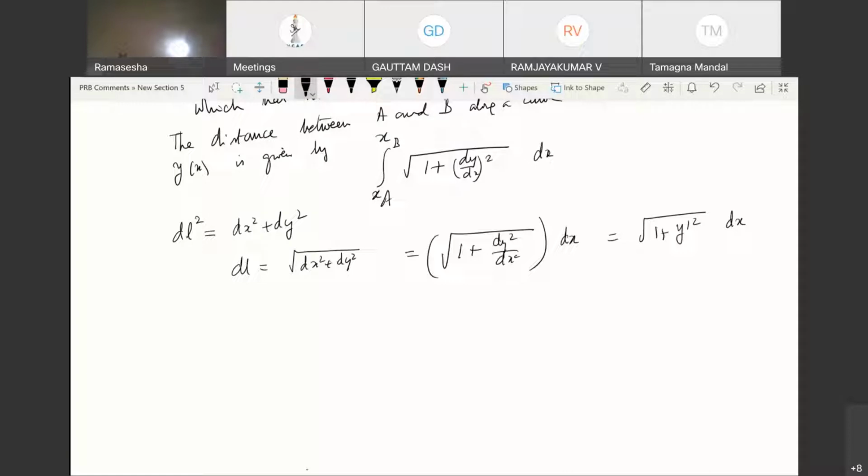So this is a functional I, and we want to minimize I. We want to find the curve y of x which minimizes I.